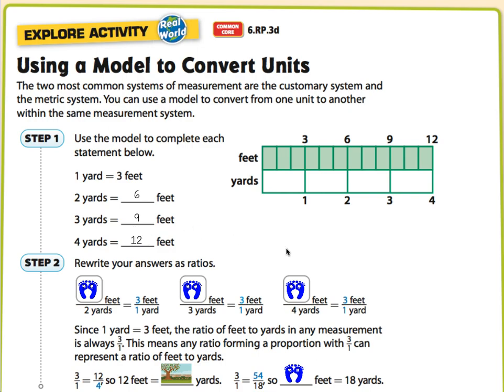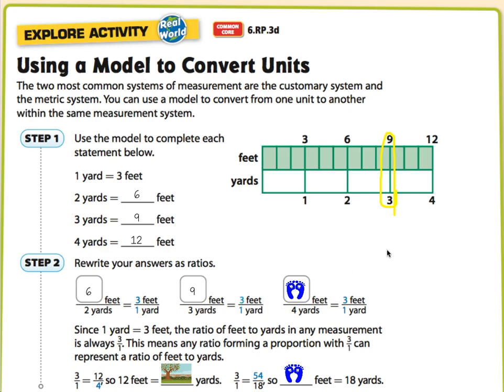If I write these as ratios, I see that I have 6 feet for every 2 yards. If I reduce that to its unit rate, I get 3 feet per yard. If I look at 9 feet for every 3 yards, and reduce that to its unit rate, I come down to 3 feet per yard.